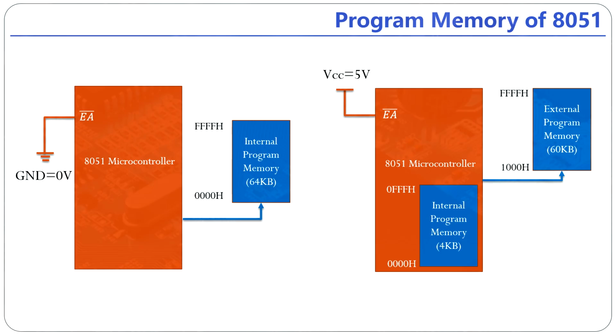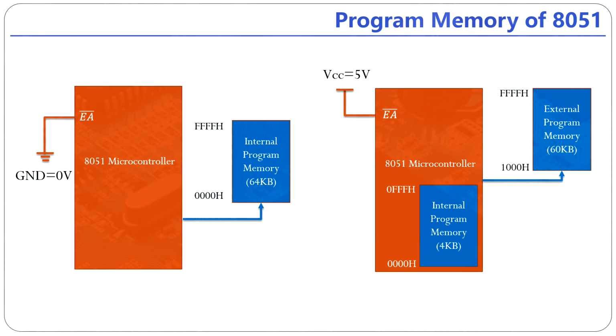First, look at the left side. Here the EA pin is connected to ground, 0 volt. This means the microcontroller will completely use external program memory, right? In this case, the 8051 does not use its internal ROM, okay?